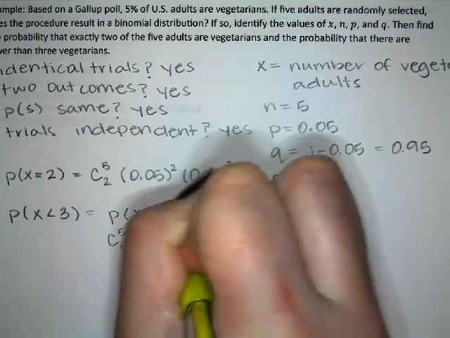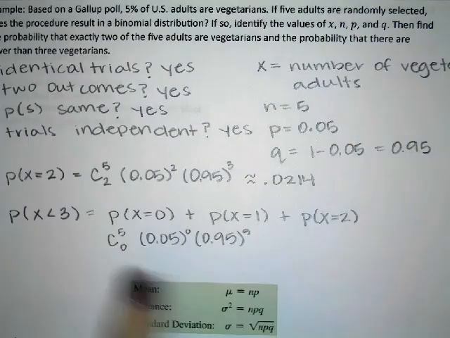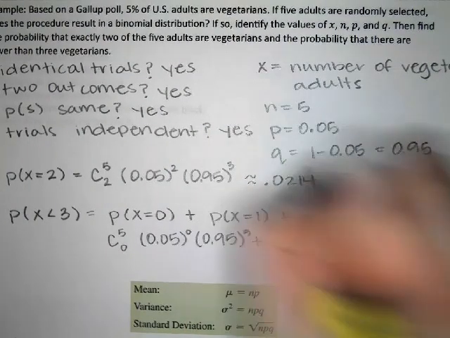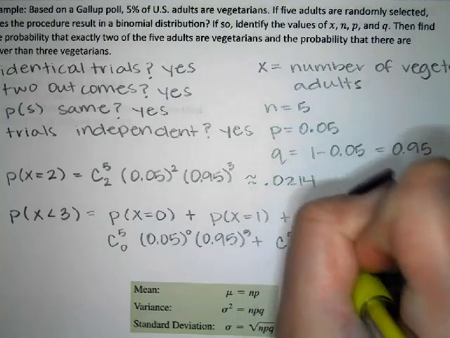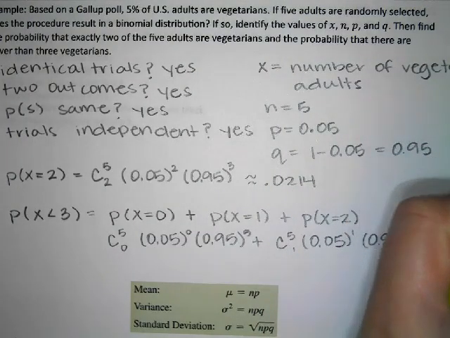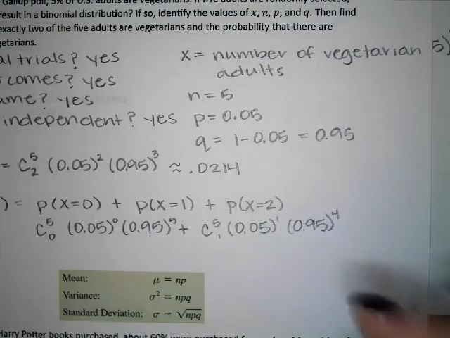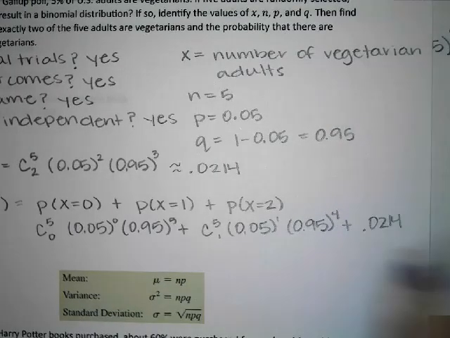Okay, so that's the probability that 0 are vegetarian, plus the probability that 1 is vegetarian, plus the probability that I already found that 2 are vegetarian. So now we need to add this up.